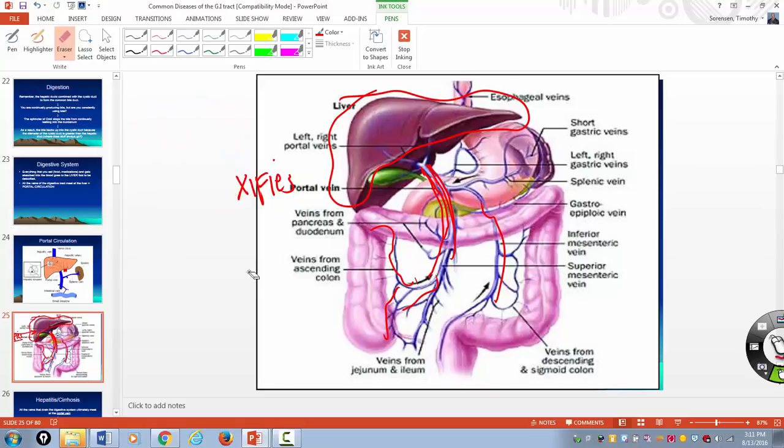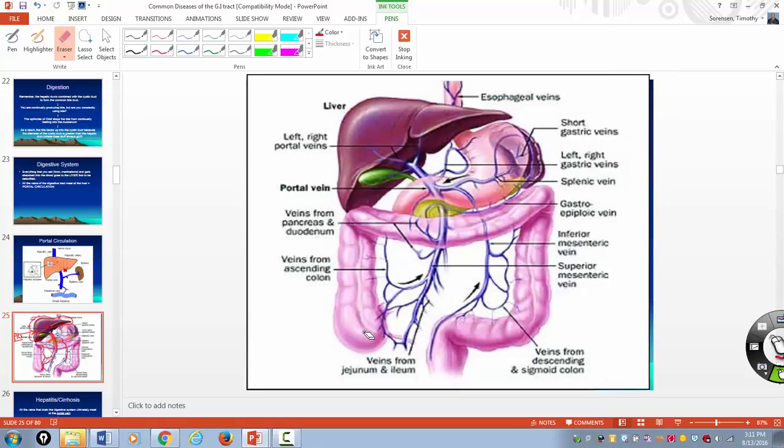So one of the big functions of the liver is to take all the blood from your GI tract, or the vast majority of it, bring it to the liver where it's filtered, cleansed, right, detoxified, and then it leaves the liver and joins the general circulation through the hepatic vein. And again, very little pressure in the portal circulation. So in a person who has liver failure, all the functions of that organ are going to fail.